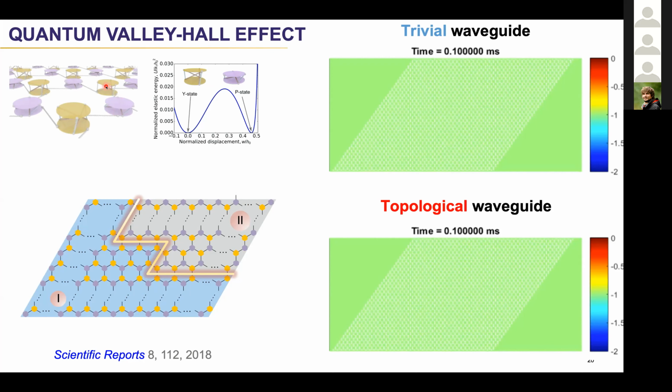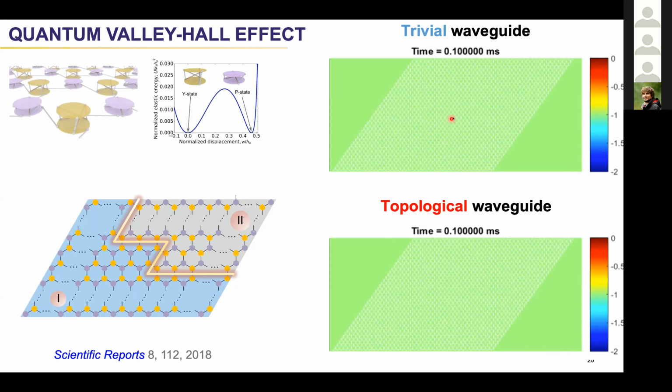So if this is Y, this is P, Y, P, Y, P. So we can construct a lattice like this and just flip Y and P states in the other configuration and join them. So we have an interface with two different topological systems.